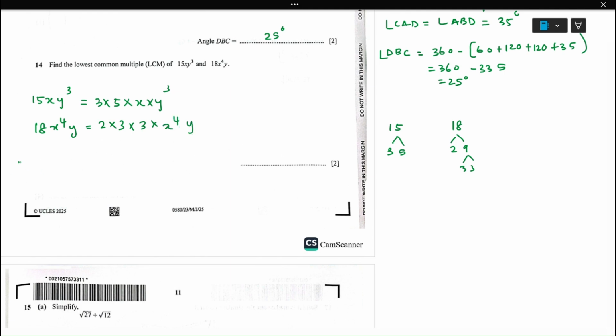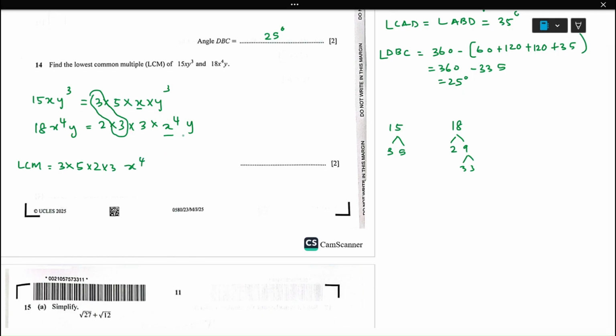So for the LCM, we always have to take the highest order. 3 is common, so we write one 3. Nothing else is common, so we write all the other numbers: 5, 2, 3. And here x, and here x to the power 4, the highest order is x to the power 4.